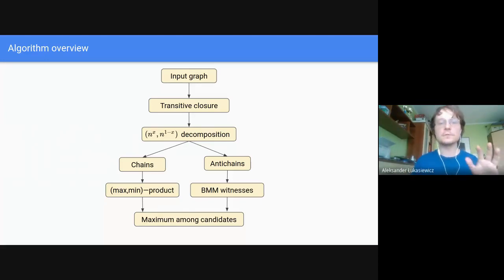Then we solve problems separately for chains and anti-chains. For every pair, we get some candidate for LCA that comes from chains, and similarly for anti-chains. At the end, we just take the maximum of these two candidates, and it turns out that if we take a good topological ordering, it just works.